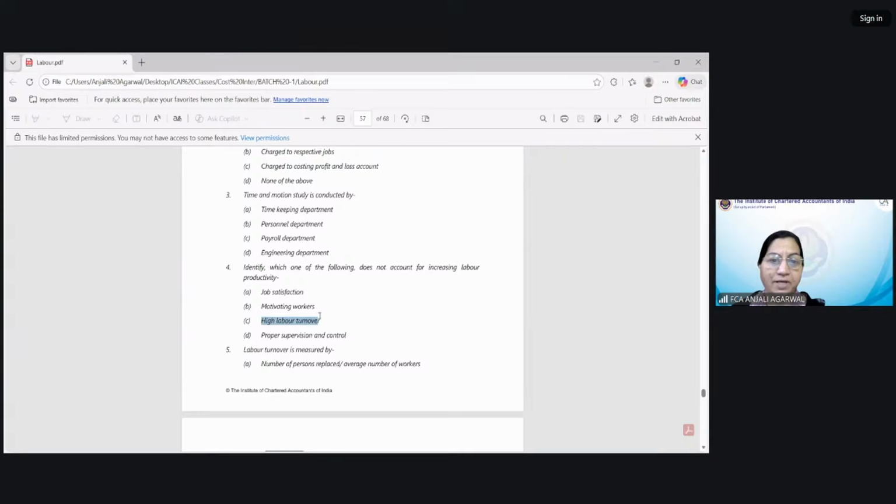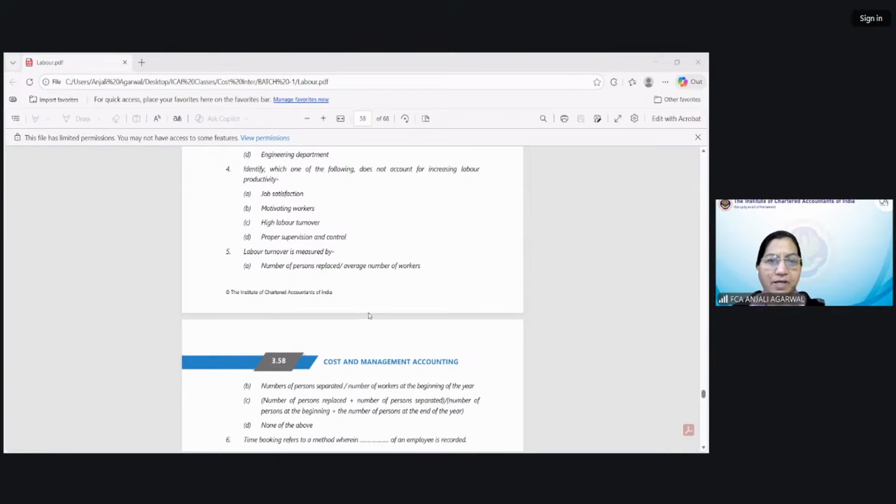Should their turnover be high? No. If the turnover is high, that means they're constantly leaving and coming. All the employees are on training period. How will they be more productive then? So high labor turnover is not what we want for labor productivity.